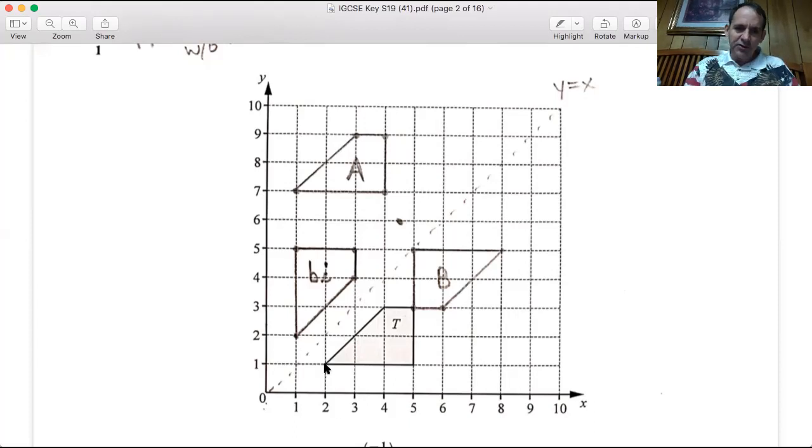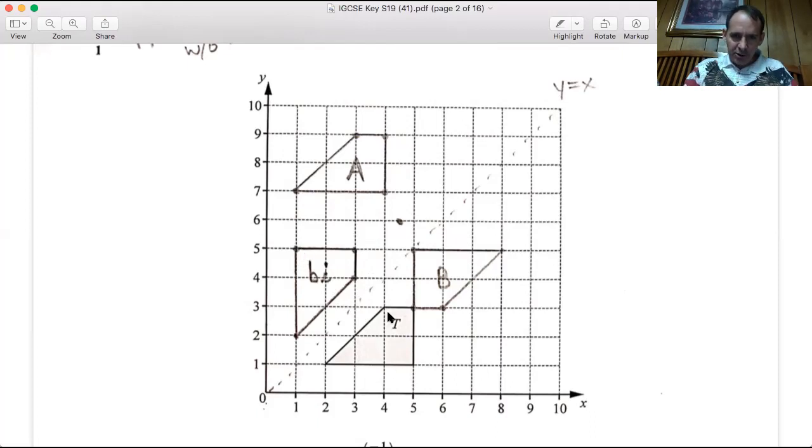So all you do is you go to each vertex, you go perpendicular to the line of symmetry, and then the same distance on the other side. So you have half a square to the line of symmetry, and then half a square on the other side, and put your point. Over here, again, it's half a square, half a square. Over here, it's a whole square diagonal, and then a whole square diagonal here. From this corner, it's 2 squares diagonal, so you go 2 squares diagonal on the other side, and you get this point.